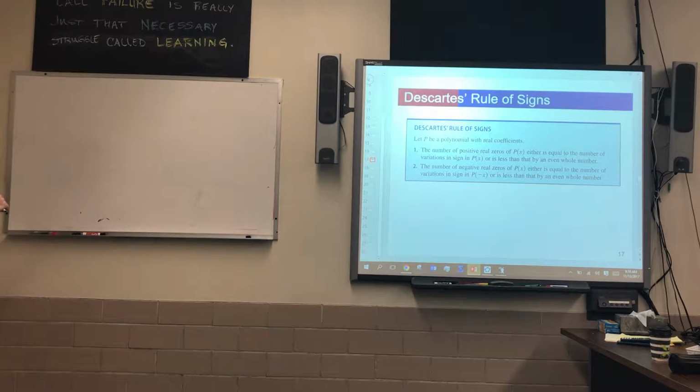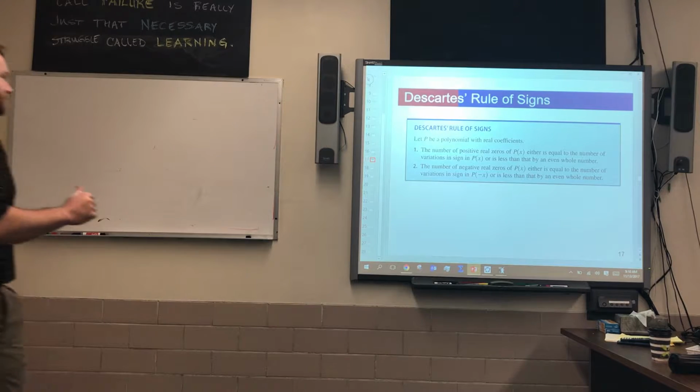Does that make sense? The same thing happens with negative zeros, but to figure out negative zeros we have to find P of negative x, or P of the opposite of x. If you remember transformations, what does multiplying the x by a negative in a function do?